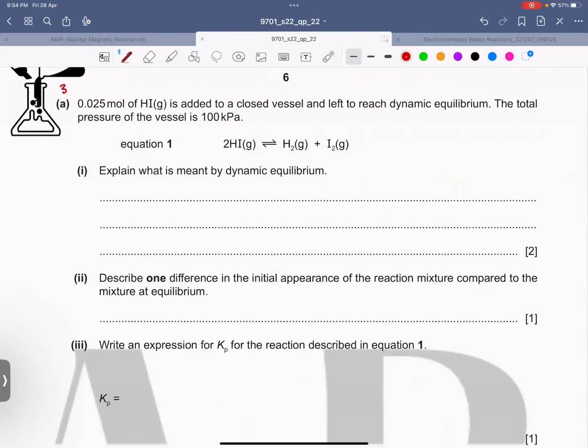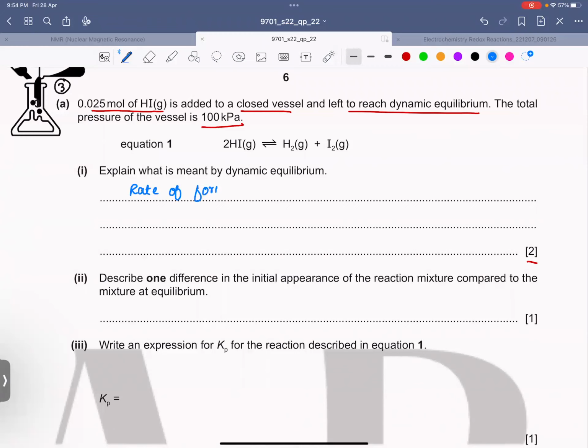Now we are going to start question number 3. 0.025 mole of hydrogen iodide gas is added to a closed vessel and left to reach dynamic equilibrium. The total pressure of the vessel is 100 kilopascal. What is meant by the term dynamic equilibrium? It's of 2 marks, so we have to state 2 things. One can be: the rate of forward reaction is equal to the rate of backward reaction.